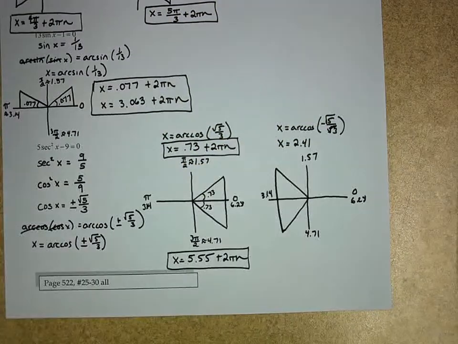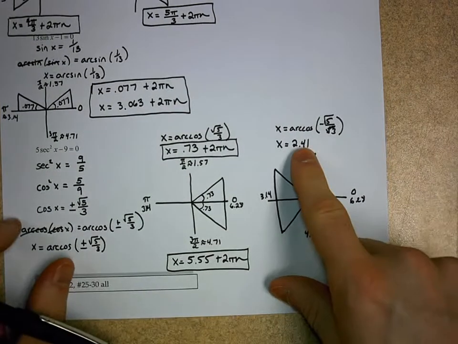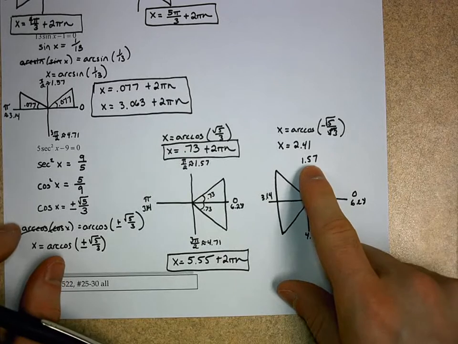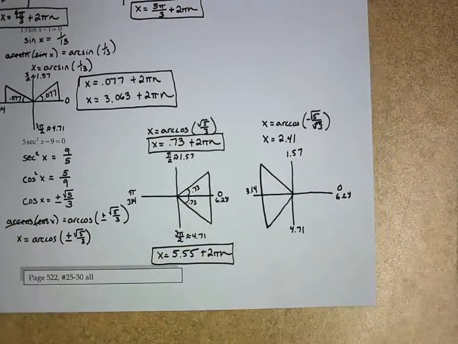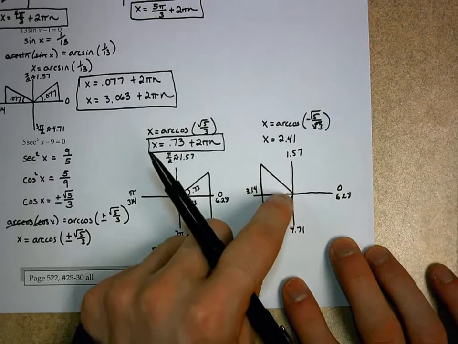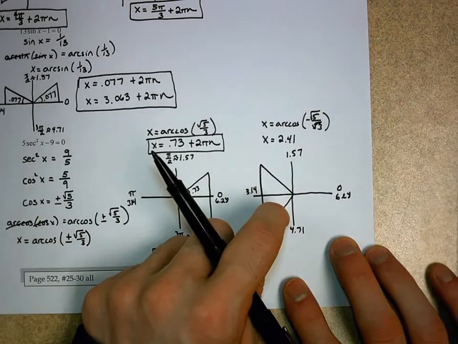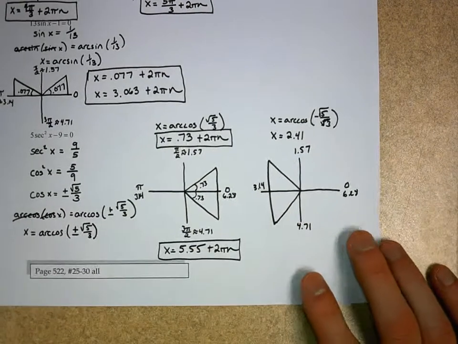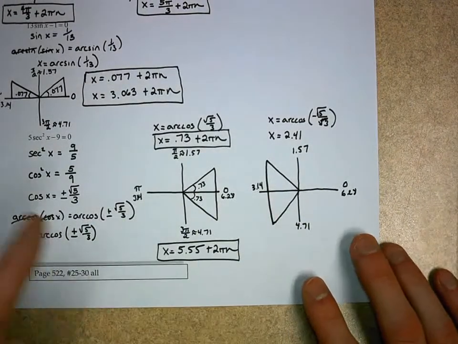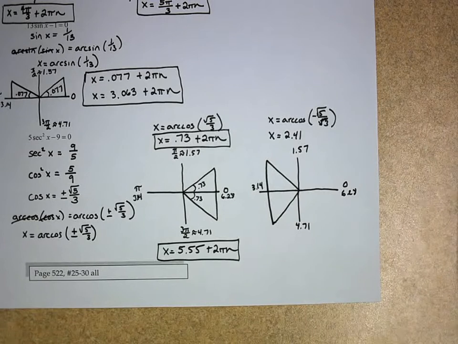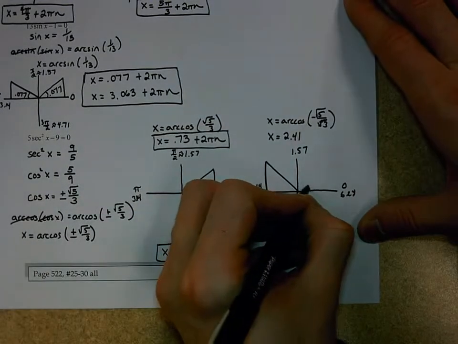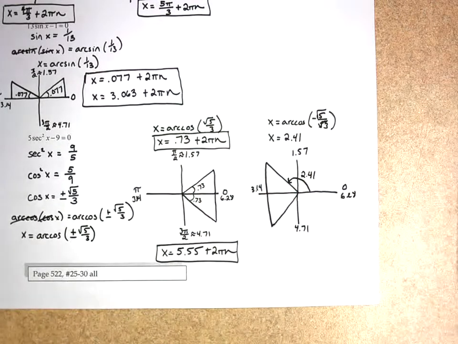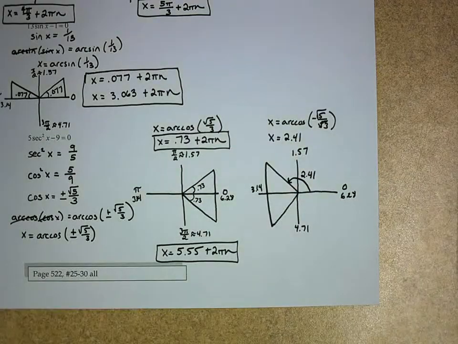Now I want to be careful with how I draw this. 2.41, that's larger than 90 degrees because we know 90 degrees is pi over 2, which is about 1.57. These in here are clearly less than 90 degrees. So I can't just say it's going to be 2.41 in there. Remember this first, all these answers are going from the x-axis to the hypotenuse. So really what we've got right here, that is the 2.41 that we're dealing with.